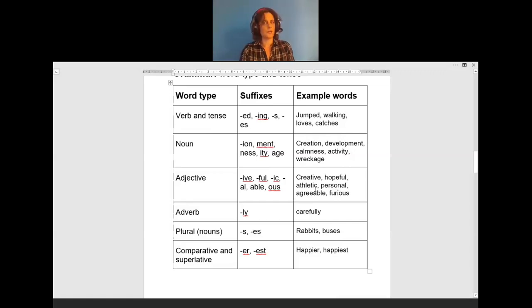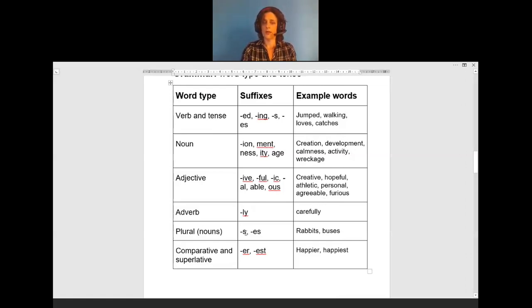A person could be agreeable, or a person could be furious. So they're all things that describe. ly at the end of a word means that we're describing an action instead of describing a thing. So if I do something carefully, that says how I'm doing it. So ly words tell you how things are happening.